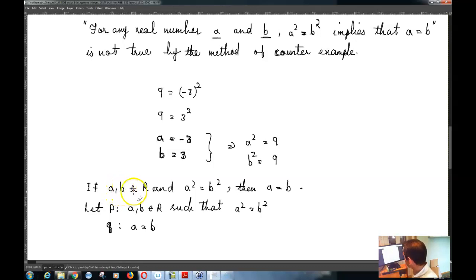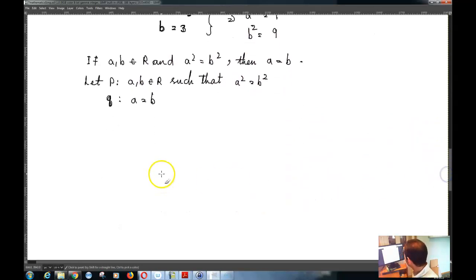Now the given statement has to be proved false. For this purpose, it has to be proved that if P then not Q. In the if-then statements, we had two cases: the direct method and the contrapositive method.